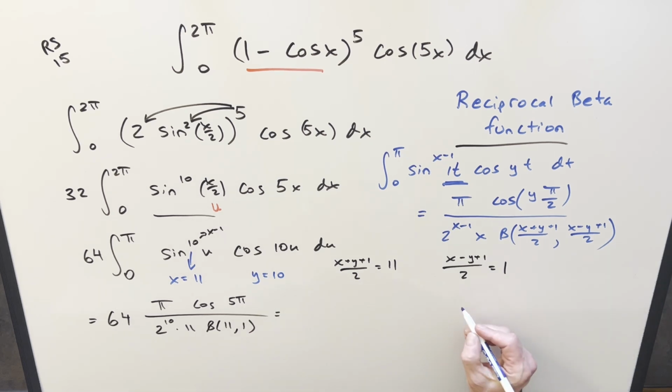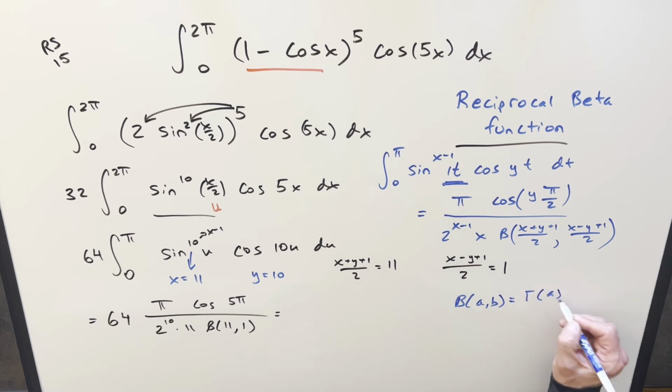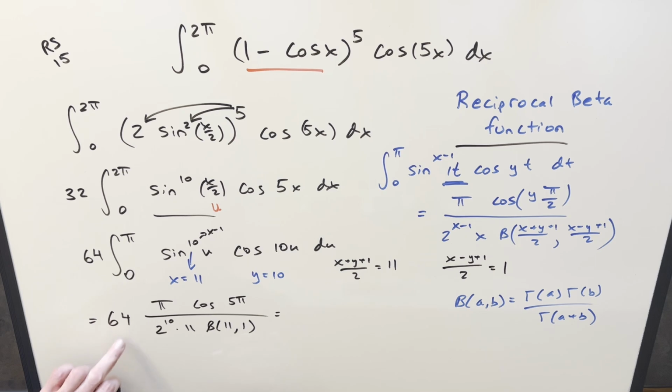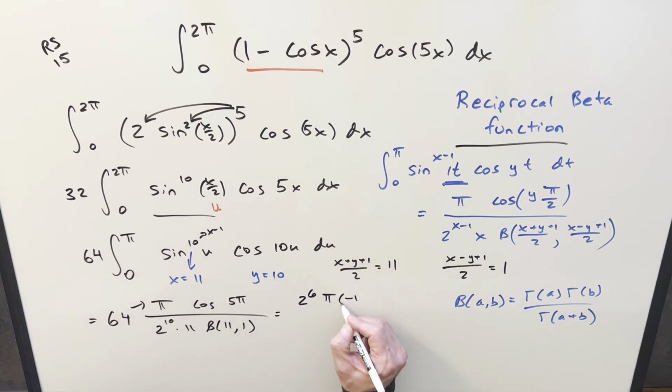Just to make this clear, if you have the notation beta function of A, B, this is the same thing as gamma A times gamma B over gamma of A plus B. Simplifying this, 64, let's write that as 2 to the 6th times pi. We can simplify more later. Cosine 5 pi, odd coefficient, that's going to be a minus 1 right there. This is going to be over 2 to the 10 times 11.